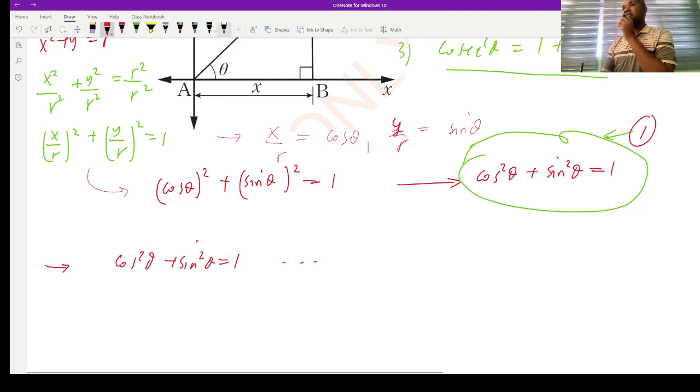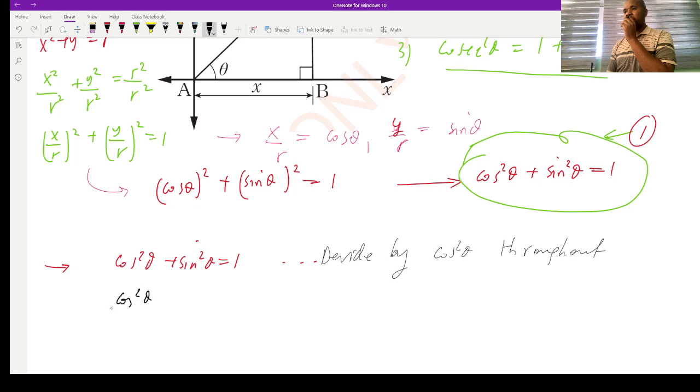And I could tell you to divide by cos square theta throughout the equation. When you do that, we will be getting cos square theta over cos square theta plus sine square theta over cos square theta equals 1 over cos square theta.